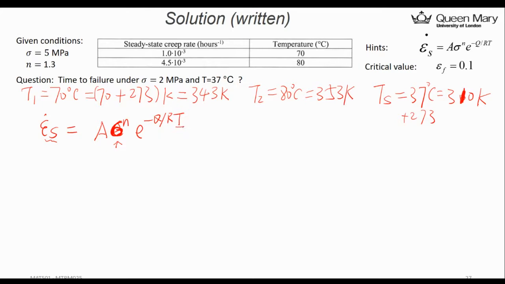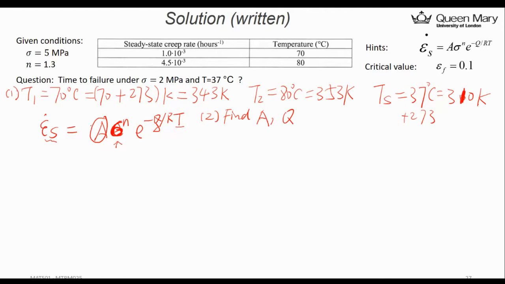The only things you don't know, which are not given, are the coefficient A and the activation energy Q. So the second step is to find A, the constant, and Q, the activation energy for this special material.